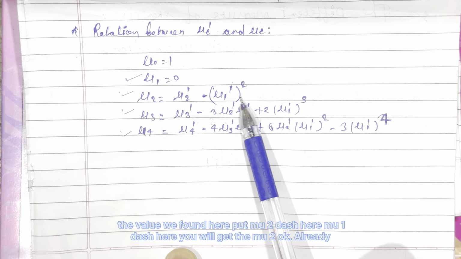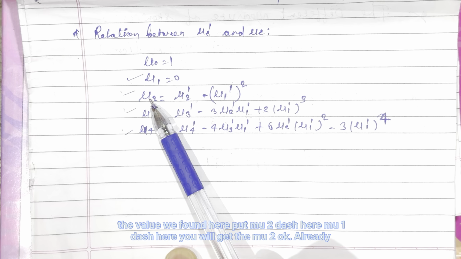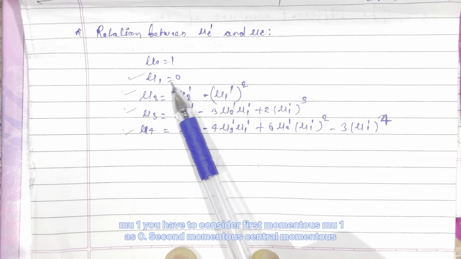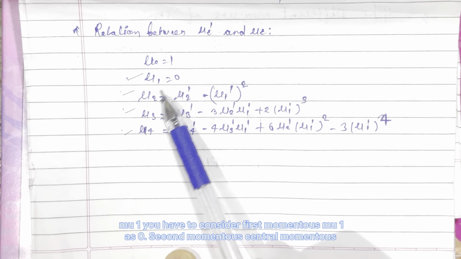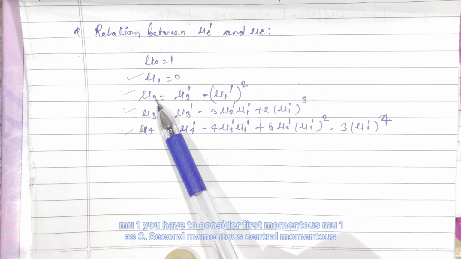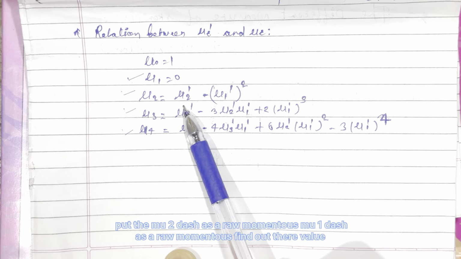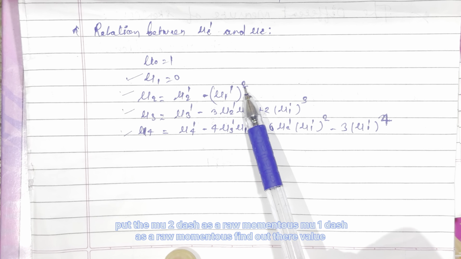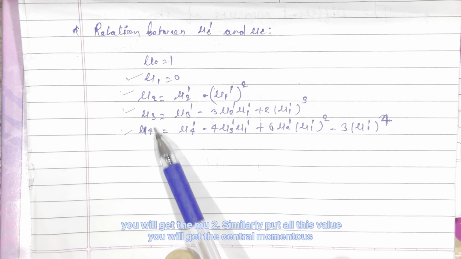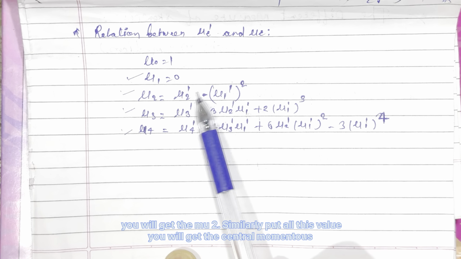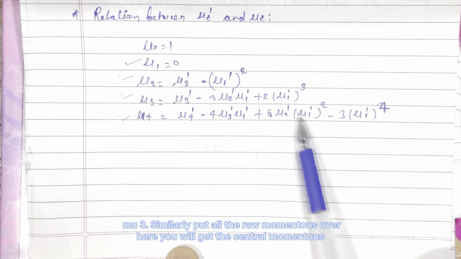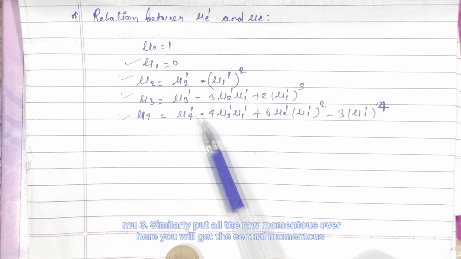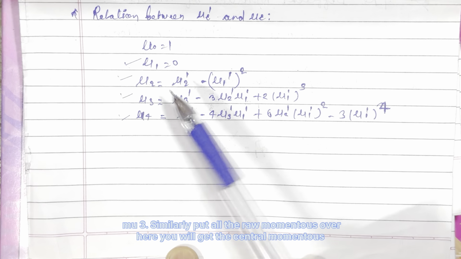Put mu2 dash here and mu1 dash here, and you will get mu2. For the first central moment, mu1 is 0. For the second central moment, put mu2 dash and mu1 dash as raw moments, find their value, and you will get mu2. Similarly put all these values, you will get the central moment mu3. Similarly put all the raw moments over here, and you will get the central moment mu4.